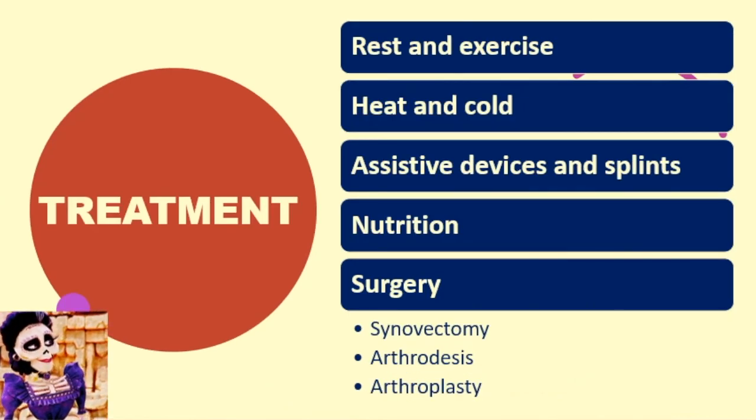So treatment for this patient would involve the use of rest, exercise, heat and cold, assistive devices and splints, nutrition, and then surgery. For the surgery, you have the following options: synovectomy, arthrodesis, and then you also have arthroplasty.